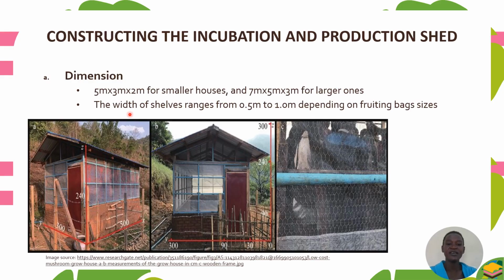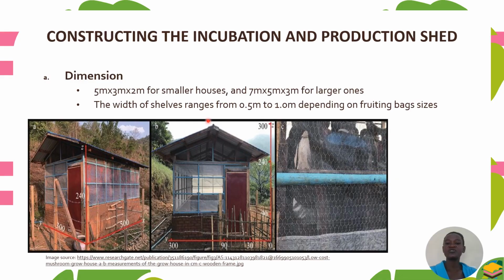Apart from that, we need the shelves. When we are growing the mushroom, we just don't grow them on the ground. Most of the time, we use the bags. Those bags, we hang them on the shelves.